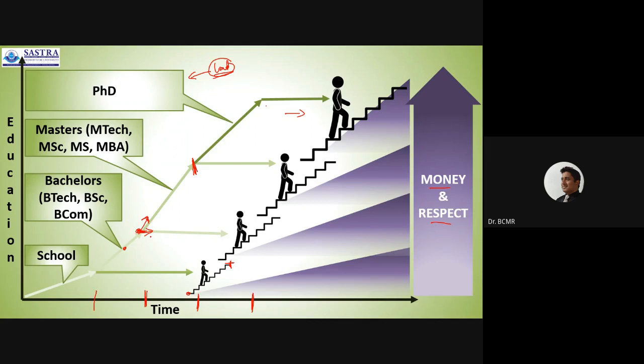So my suggestion would be to study as long as possible, because we need to grow, right? And we need to keep growing. Your education from here till here will make you a student forever. That means you will keep on learning for the rest of your life. And that's a very important trait anybody can have.